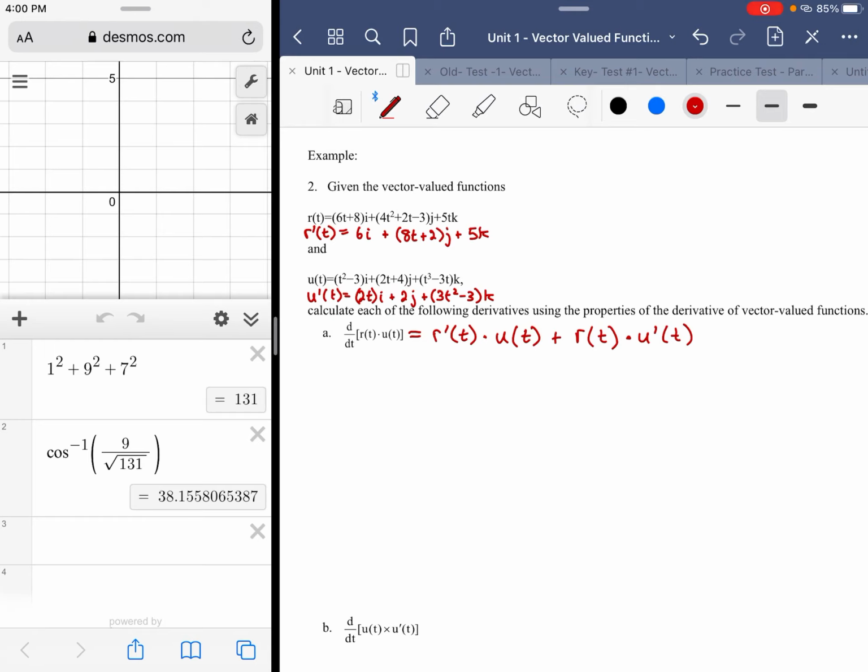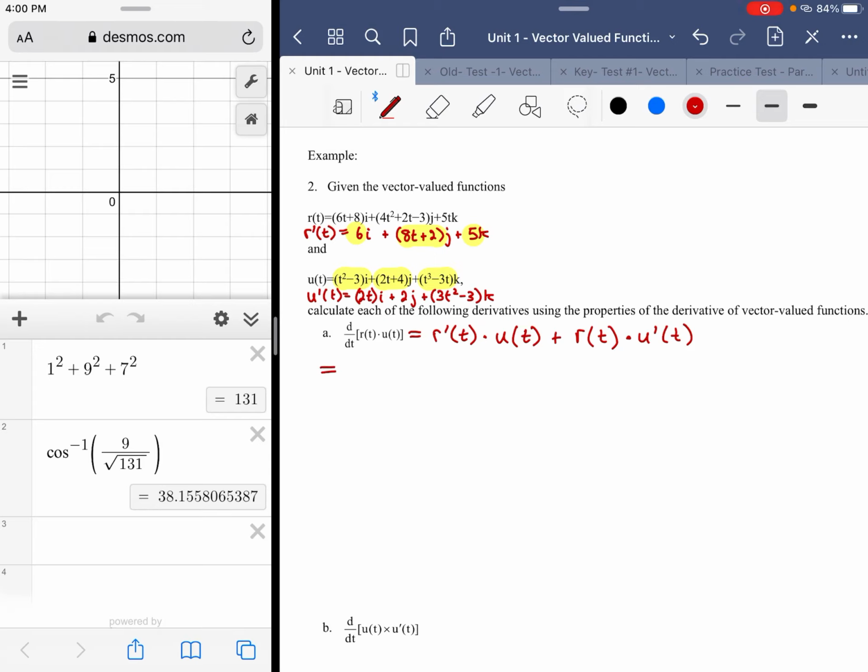Okay. So in this case, what I did was I preemptively jotted down the two corresponding derivatives. So it's just a matter of dotting the corresponding parts appropriately. So I have to dot r prime against u. And we're not going to bother with simplifying because it's really just a skill that we're concerned with.